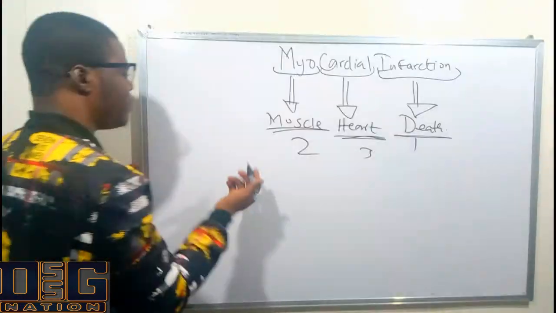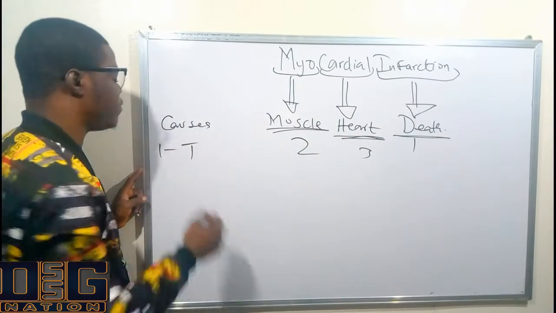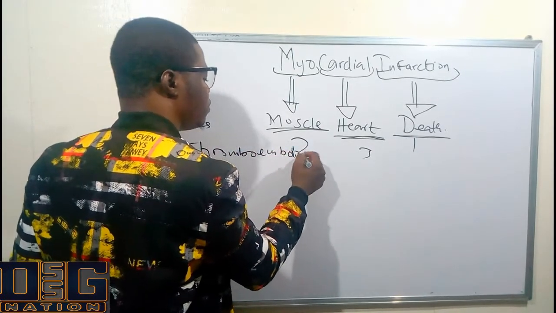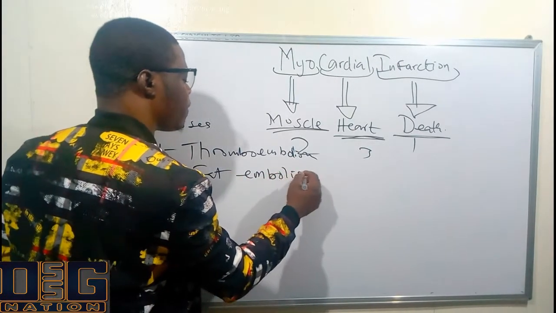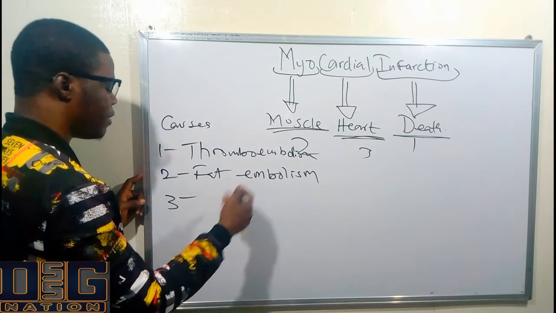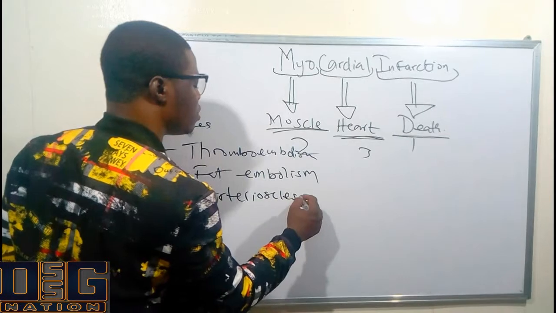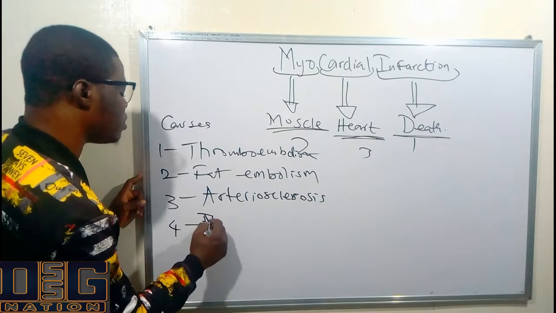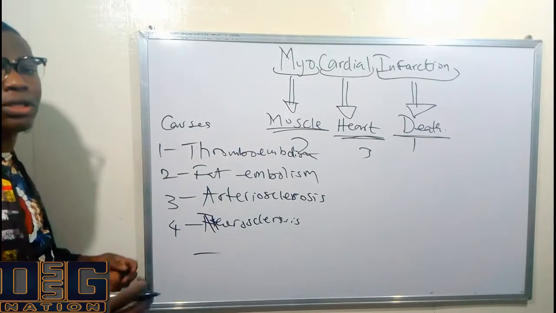Now, what are the causes of this disease condition? The causes are just like those of angina pectoris. So you can have thromboembolism, you can also have fat embolism, and after that, arteriosclerosis and atherosclerosis as well, and so on and so forth.